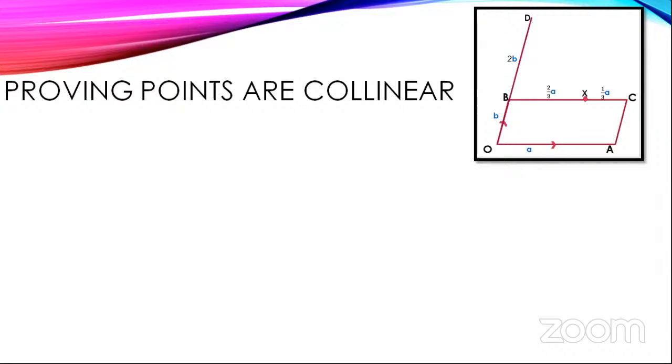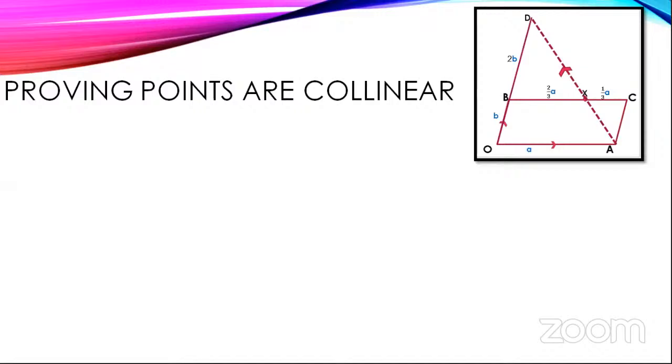So now we're looking at the two final things. These are the points that we're proving. We're proving that A, X, and D all have a common point. What do you think the common point for A, X, and D is? What is the common point?